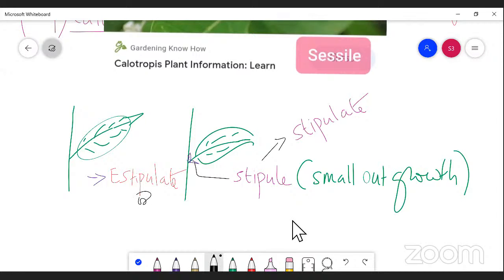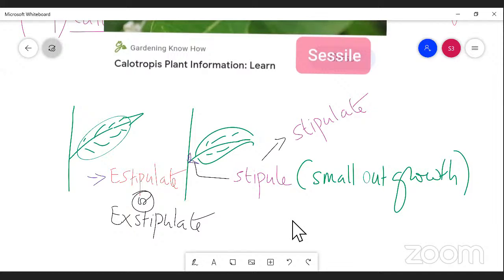It is also known as X-stipulate. Exstipulate is nothing but the absence of stipules. That means there will be no stipules arising from the stem, in between the stem and the leaf base, in the structure. So that is called exstipulate and stipulate.